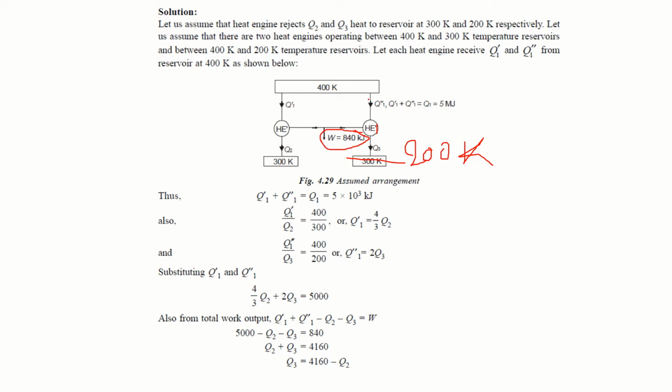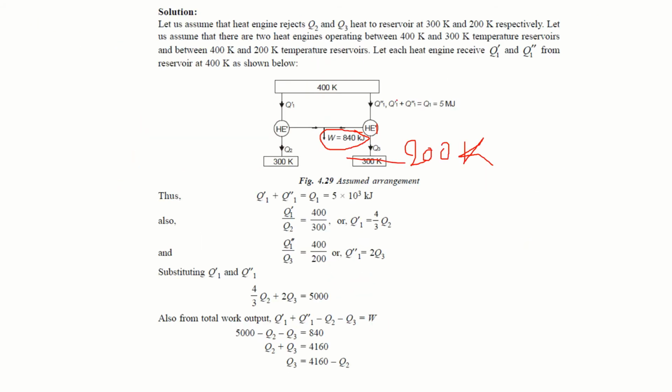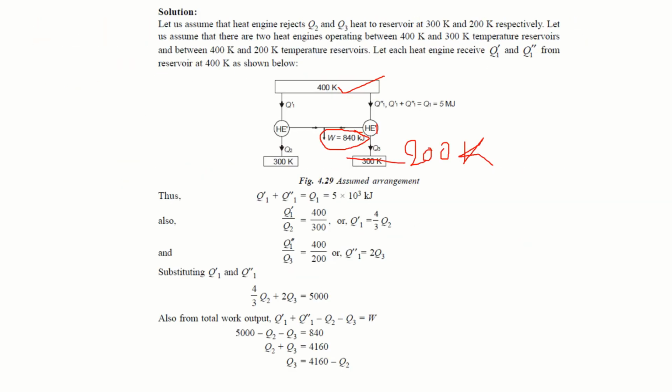Go back to the previous slide. This is the source I have shown. I have assumed these two as sinks. One is 300K sink, another one is 200K sink. The heat rejected to 300K sink is Q2. Heat rejected to the 200K sink is Q3.